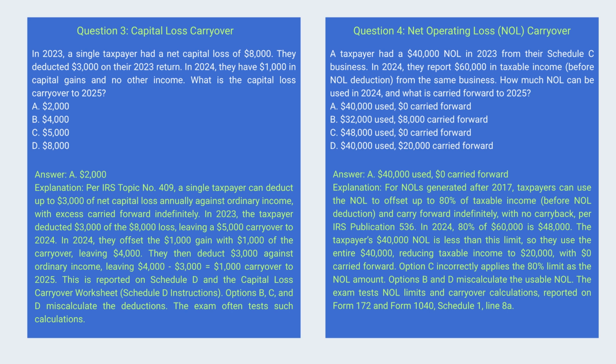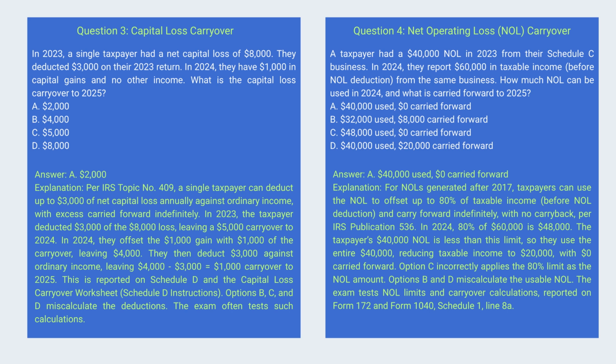For NOLs generated after 2017, taxpayers can use the NOL to offset up to 80% of taxable income before NOL deduction and carry forward indefinitely with no carryback per IRS Publication 536. In 2024, 80% of $60,000 is $48,000.